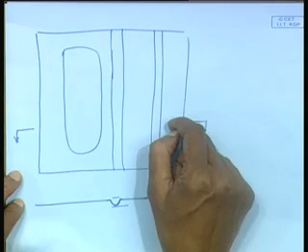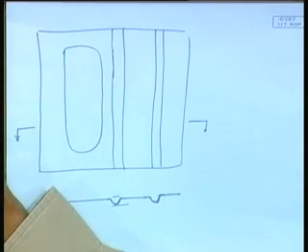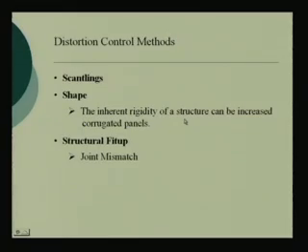This is corrugation. So a corrugated bulkhead, in that shape, the inherent rigidity is increasing, and I am doing away with welding. I am not welding the stiffeners. Instead of stiffeners, I am giving this corrugation.